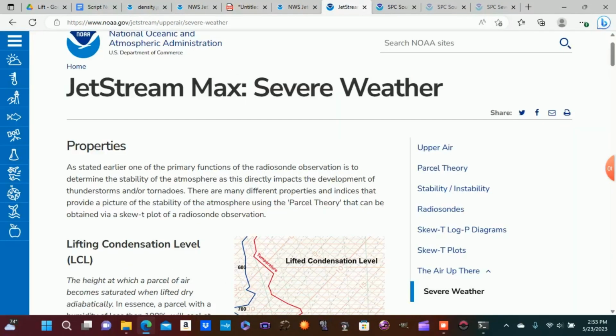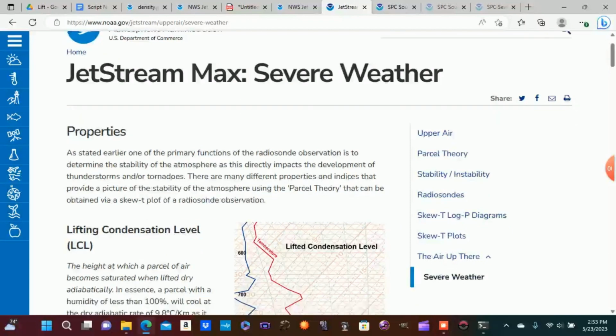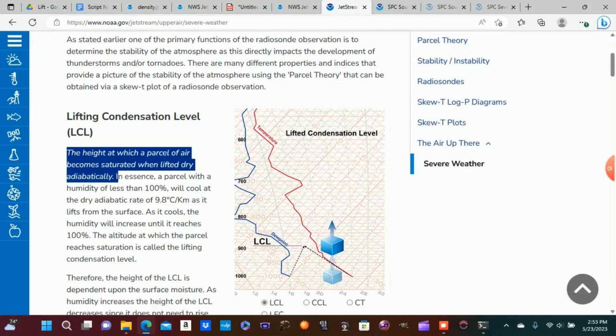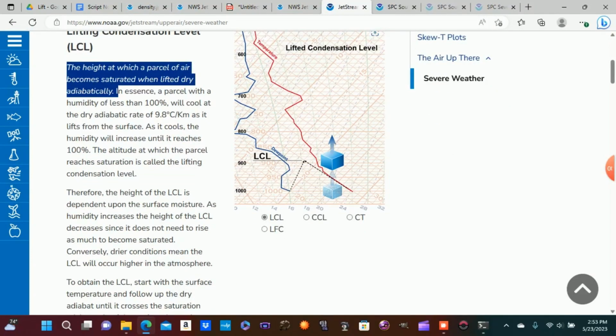And so the first point that I want to talk about here is the lifted condensation level. And so that is defined by the height at which an air parcel becomes saturated when lifted dry adiabatically. So what that means is you're going to take your surface temperature and you're going to lift that air dry adiabatically. So it's going to parallel the nearest dry adiabat.